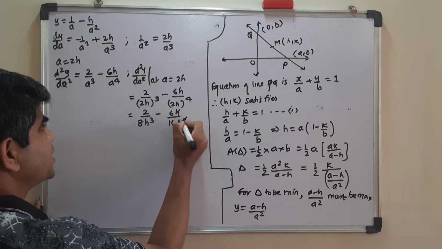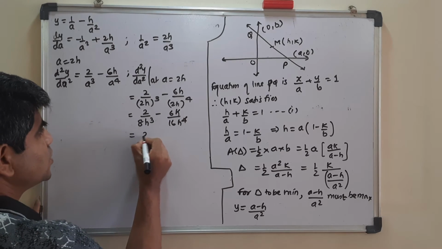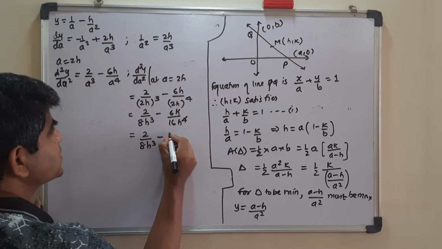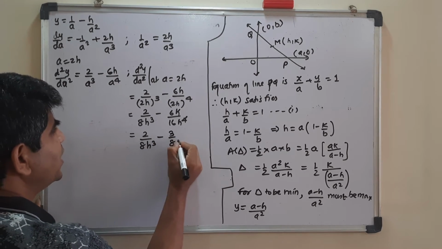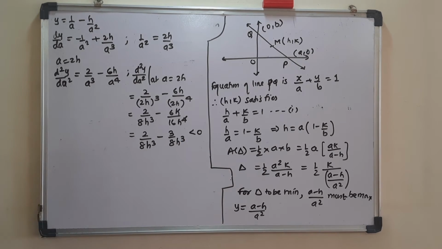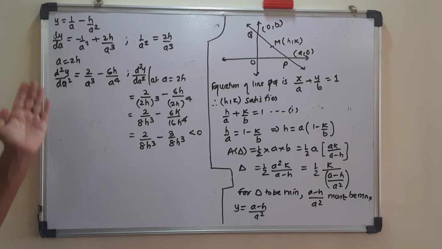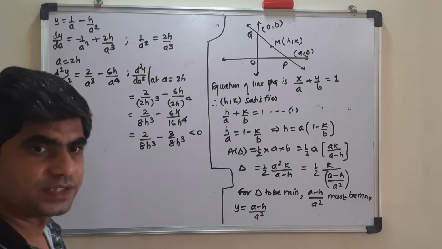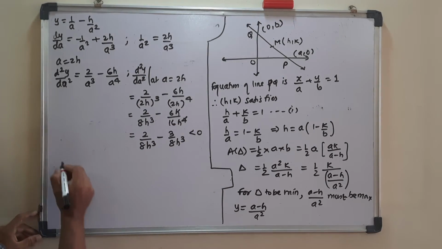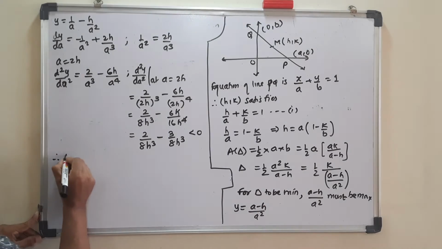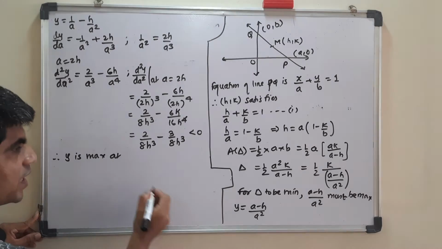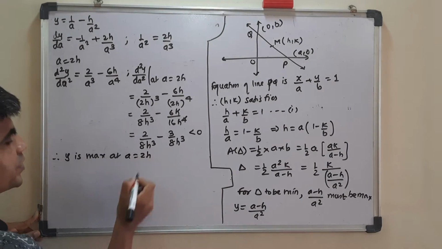So this becomes 2 upon 8h cube minus 3 upon 8h cube, which is negative, indicating that this particular function is maximum when a is equal to 2h. So therefore y is max at a is equal to 2h.